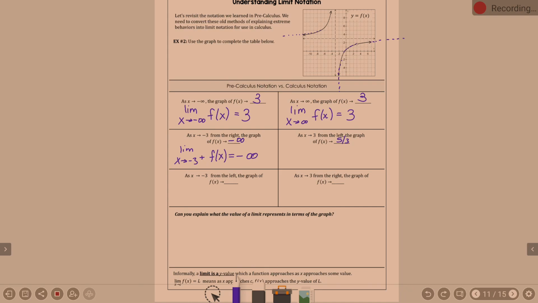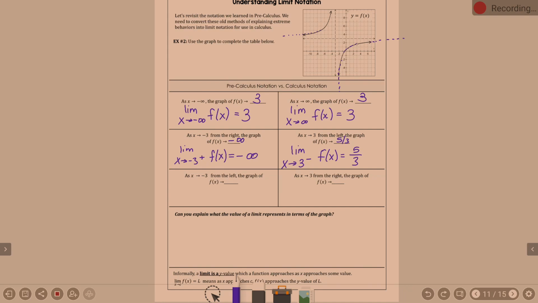So now, how do I write this? The limit as x approaches 3 from the left, meaning I put a negative after the 3, of f of x is equal to 5/3. Okay?